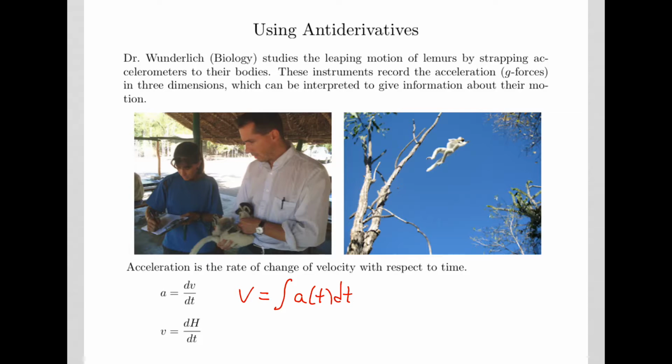Well, if I know velocity, velocity is itself a derivative. It's a derivative of my position or my height. So if I'm recording the vertical velocity, then I can calculate the height as the integral of my velocity. So if I start with my acceleration, I can calculate velocity.